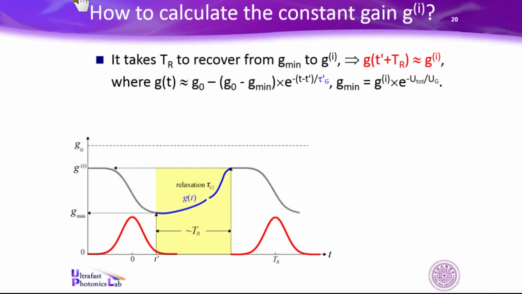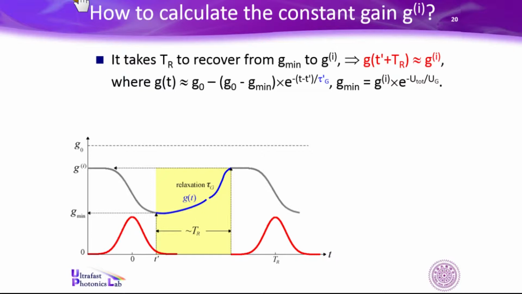So just use this relation, and use the gain dynamics formula in stage 2, G of T equals G0 minus parenthesis G0 minus G minima times the exponential decay term. And also use the relation that minima gain equals G super I times the decay constant, e to the minus total pulse energy over UG.